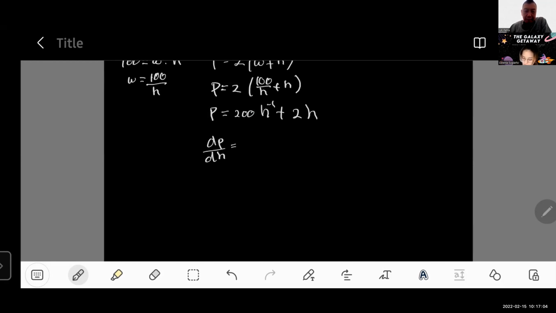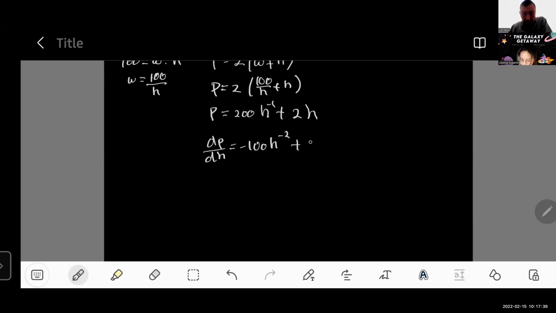That's easier, right? So it becomes minus 2, so it should be 100. And then minus still there. Minus 100, minus 200.